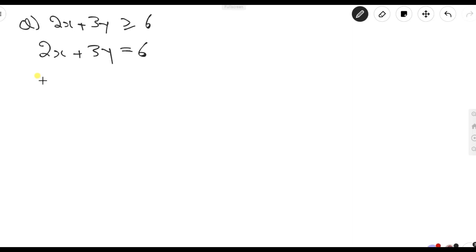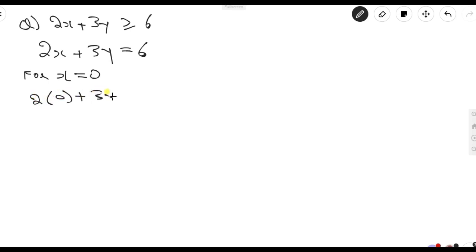Okay, so let us see what we can do here. For x equals 0, the value of y is going to be what? It's going to be 2, of course.